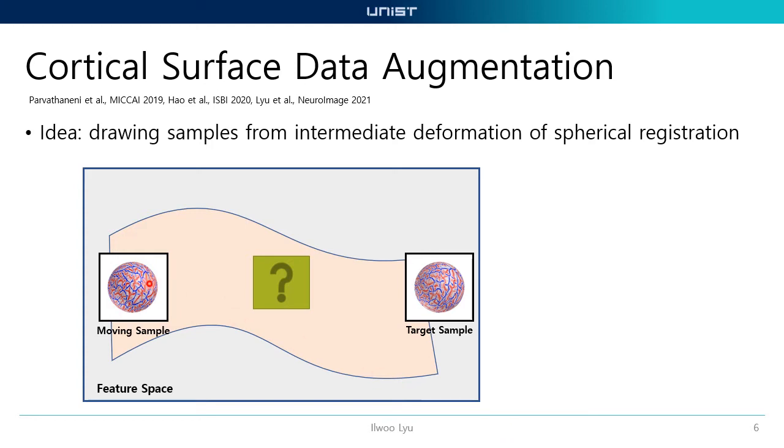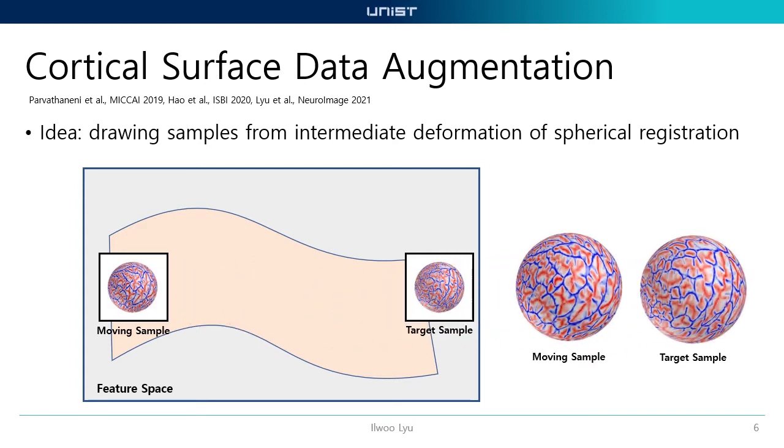Let's say we have two samples in our training data. What if we know the intermediate change between those two samples? For example, we take those two samples here, and now we can compute the trajectory of deformation between those two samples.